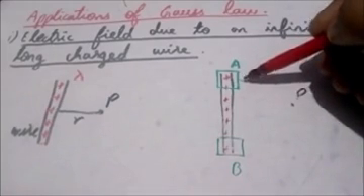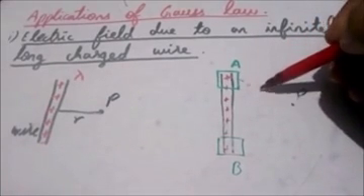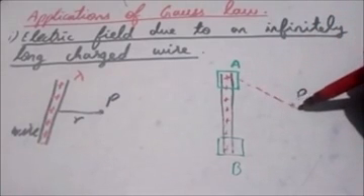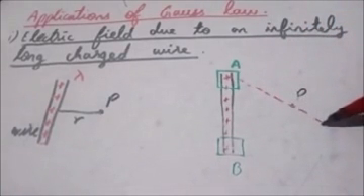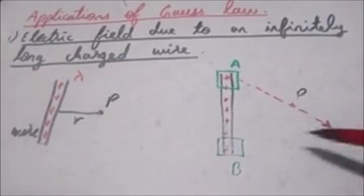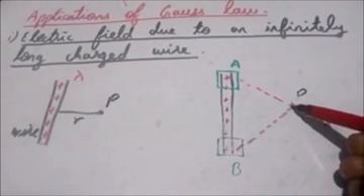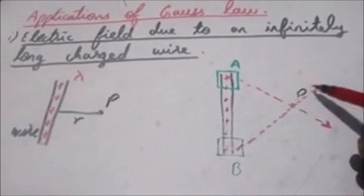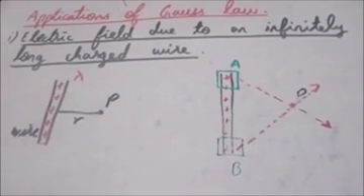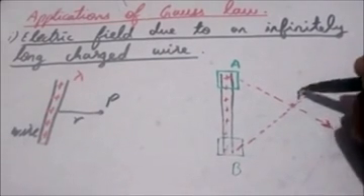So the electric field will go like this for the first one. Then for point B down here, the electric field line will go up. I'll write it more clearly.